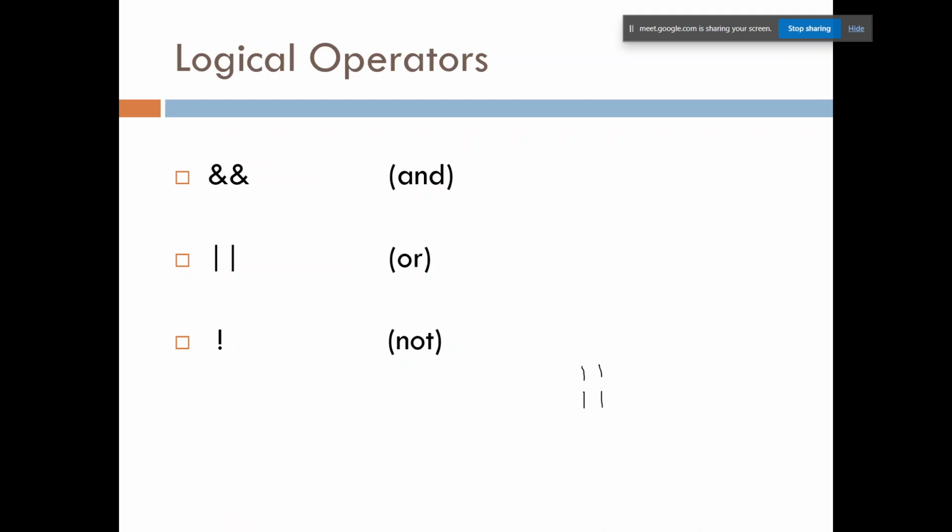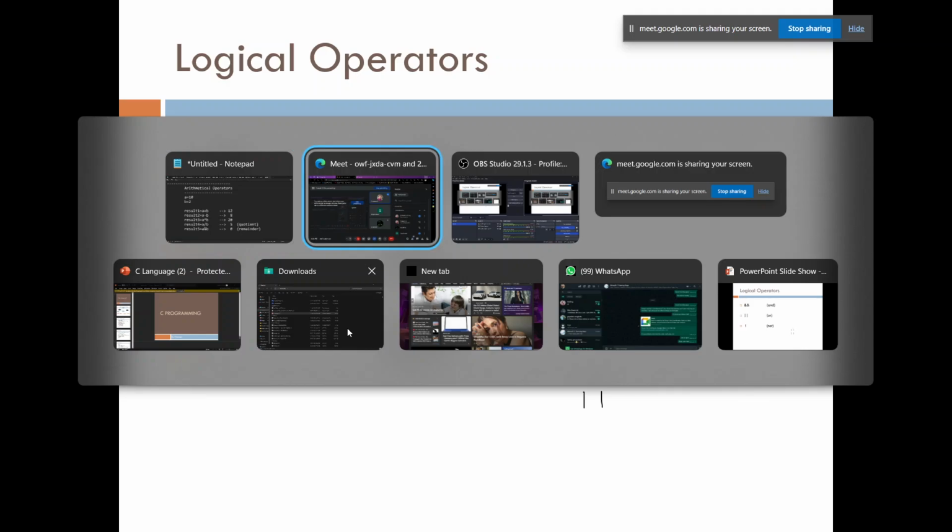If you keep it before equal to, it is called the not equal to operator. If you want to check whether a condition is not true, you go for the exclamation mark. So AND, OR, NOT, these three are called logical operators. Let me show you an example of how AND, OR and NOT are used.